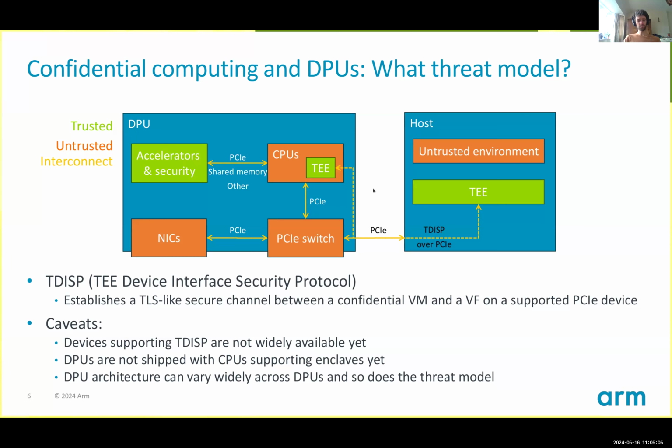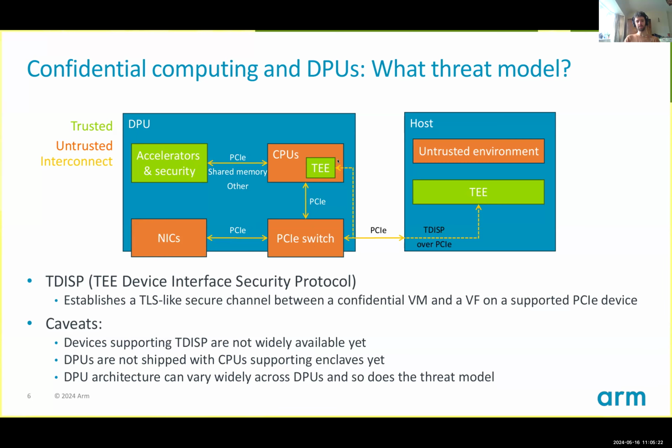But the idea is that if you want to offload, say, TLS from the host into the DPU, then you wouldn't have to trust the NICs, because all the traffic going through the NICs would be encrypted.